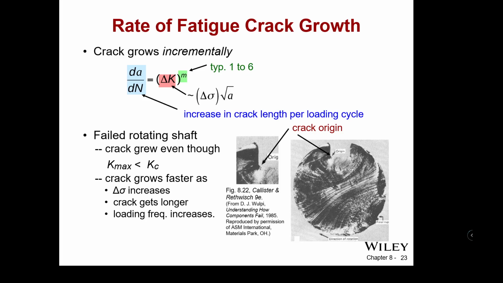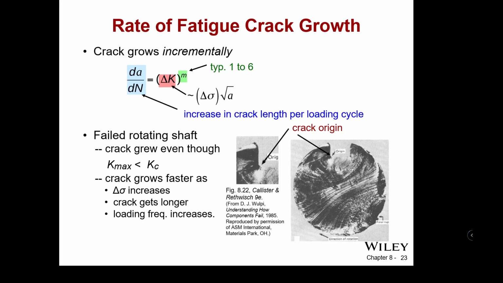And you get a crack and fatigue that happens with these, and the growth can be described by this concept: the increase in the crack length per loading cycle can be described as effectively the change in stress times the square root of, again, that half length of the crack.